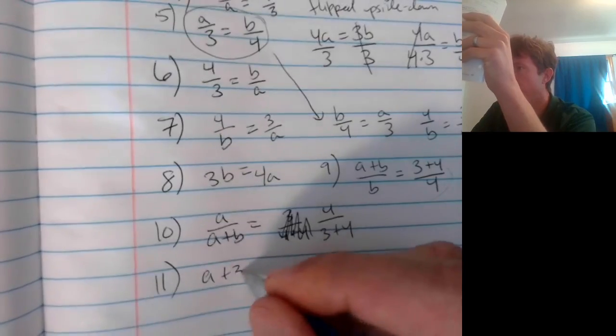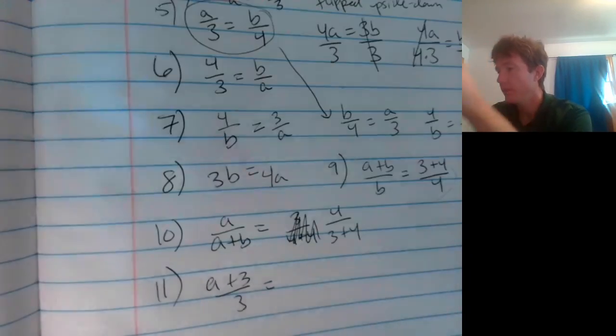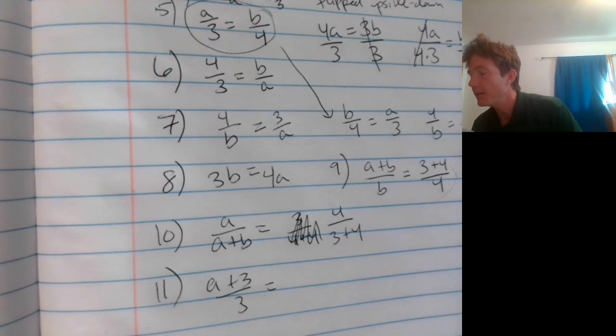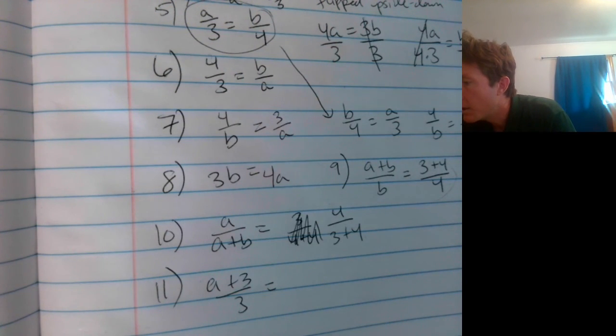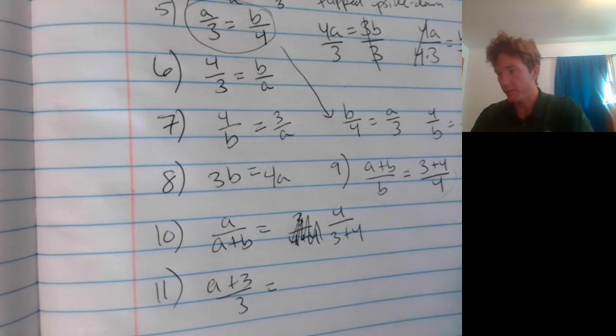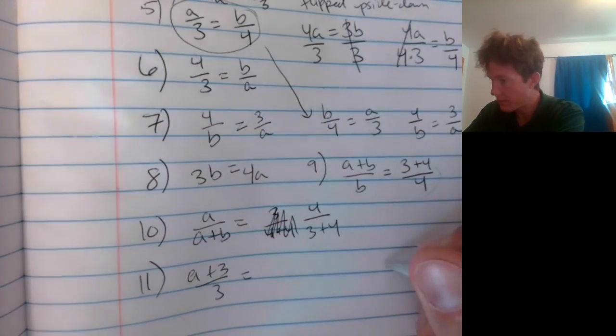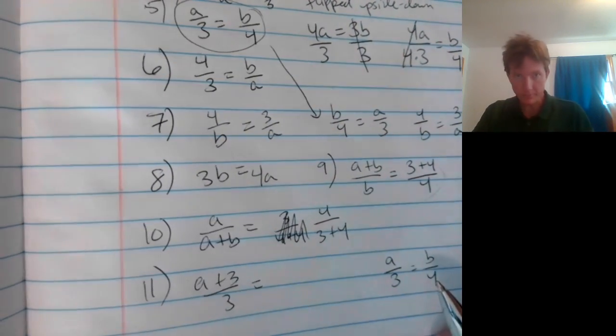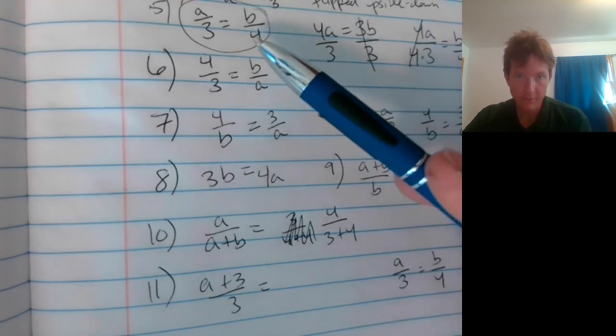Last one, a plus 3 over 3 is equal to something. Okay, so where are we looking? A plus 3 over 3. I've added 1. I'm going to take this statement, a over 3 is equal to b over 4. I'm borrowing that from number 5.